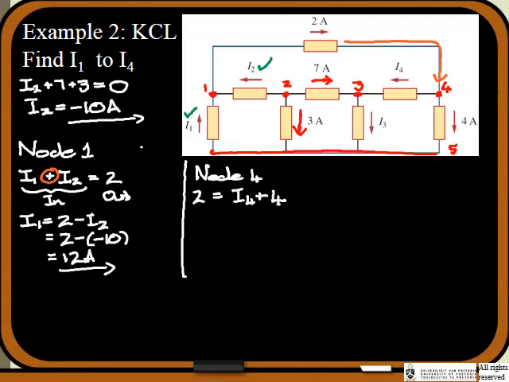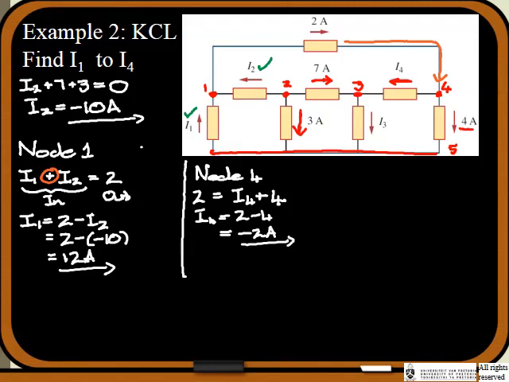So in other words, we've got the 4 amps that's going out there, and I4 is also going out of that node. So if we now solve for this, this means that I4 must equal 2 minus 4, which equals minus 2 amps.